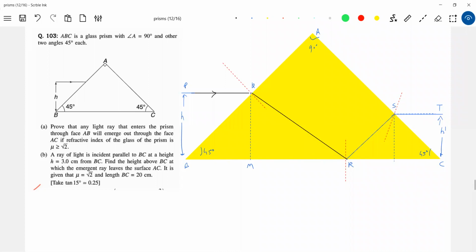Okay, I'll proceed like this. So this is angle 45 degrees. This angle will be 45. Incident angle will be 45. So with this, I'll get this angle R. Applying Snell's law, this is air.